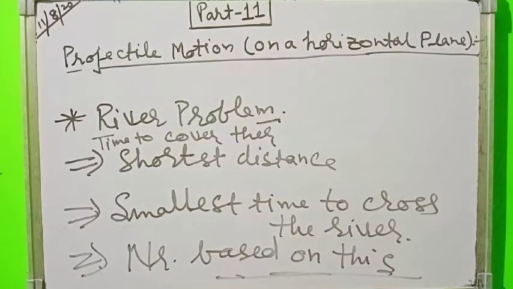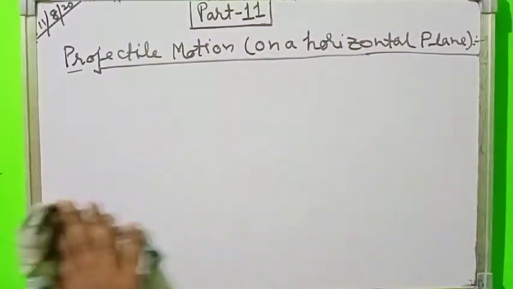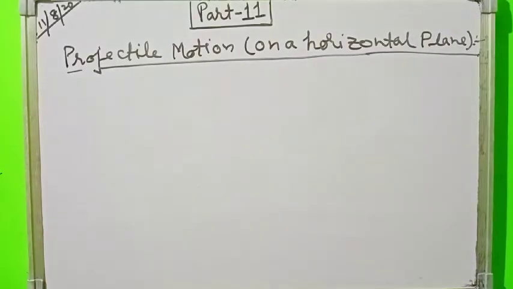Now today, that is part 11 of motion in a plane, we are going to discuss projectile motion. Which type of projectile motion will we discuss here? We will discuss projectile motion on a horizontal plane.